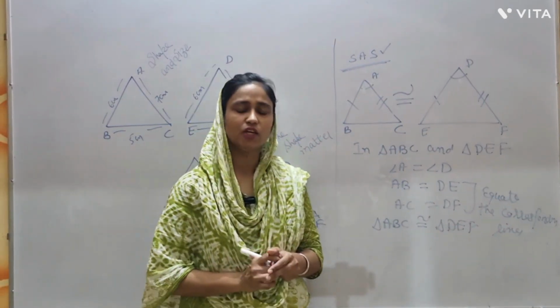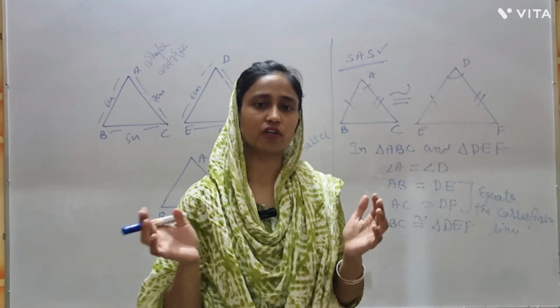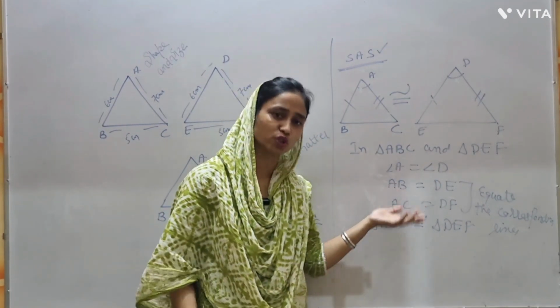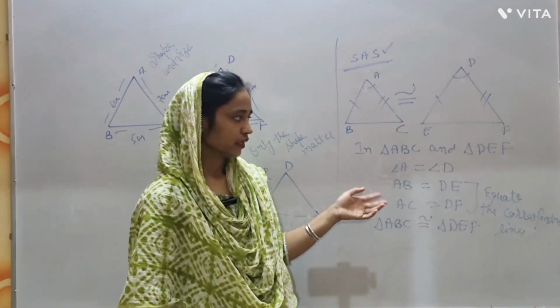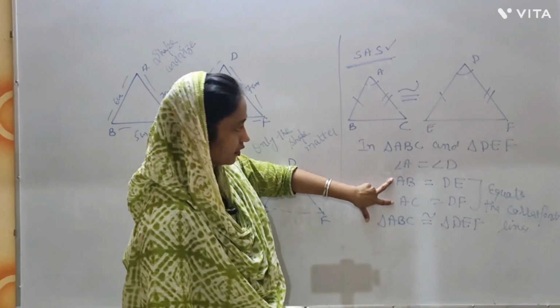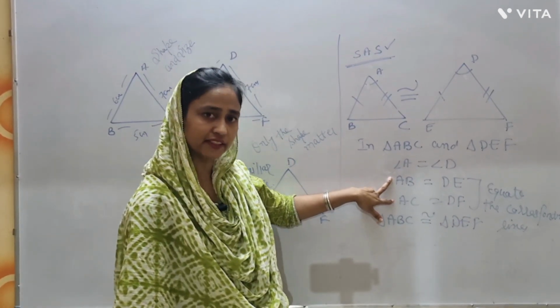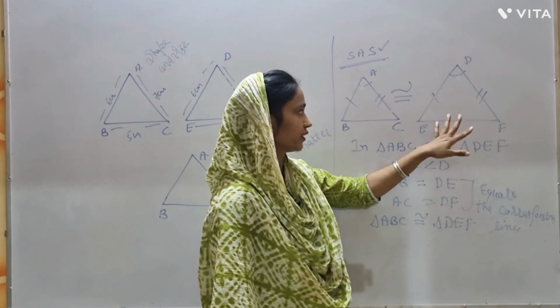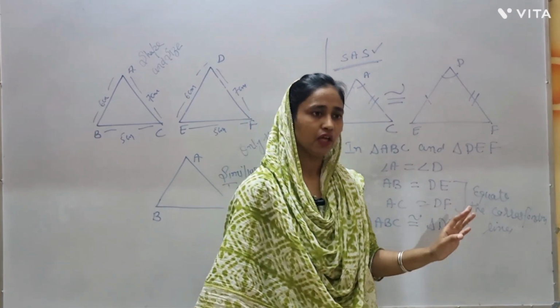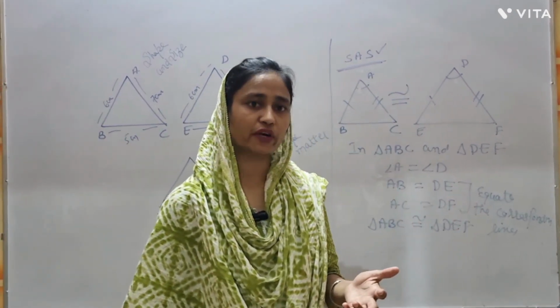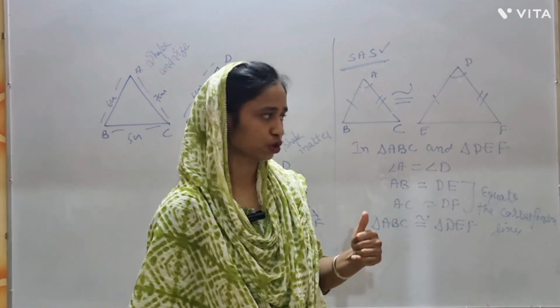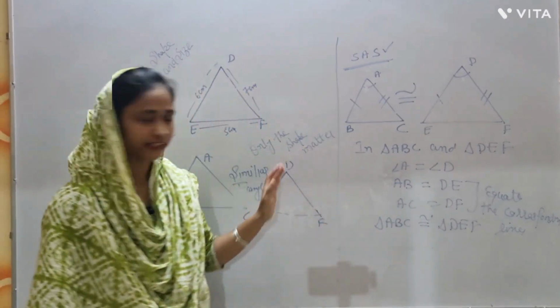Whereas in similarity, we will write the corresponding lines in proportion. Instead of directly equating the sides, if two triangles are similar to each other, we will write the corresponding sides in proportion. See by one example.